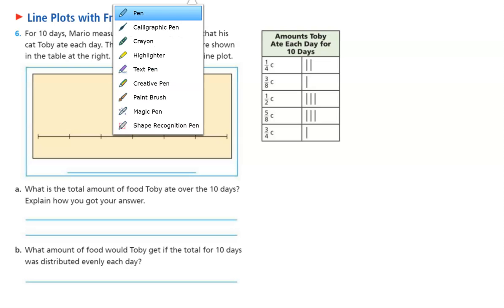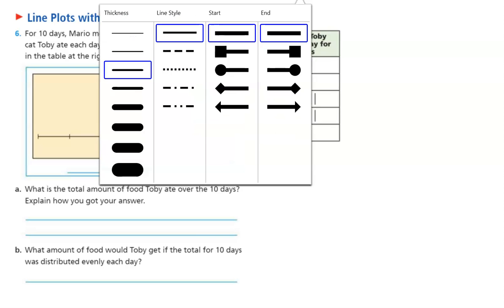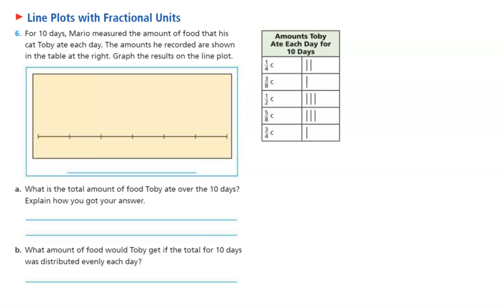Excuse me, hiccups. So I'm going to get my pen, and I'm going to change the thickness so you can see the dots a little bit better. So it's basically telling me that he ate a quarter cup 2 different times. Oh gosh, we can't do anything yet because we need to label our line plot here. It looks like we go all the way from 1/4 to 3/4, but that we also have eighths here.